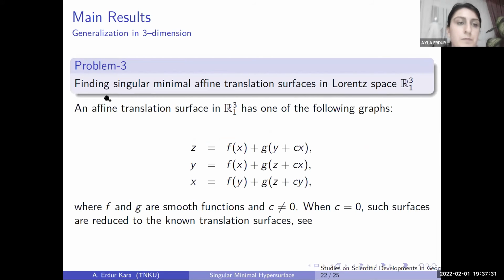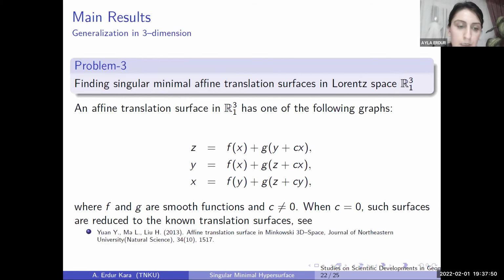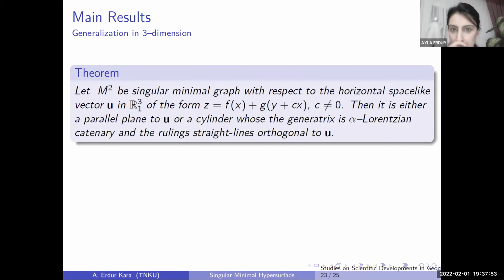Another problem: finding singular minimal affine translation surfaces in Lorentz spaces. An affine translation surface in R^3_1 has one of the following graphs, where f and g are smooth functions, g non-zero.